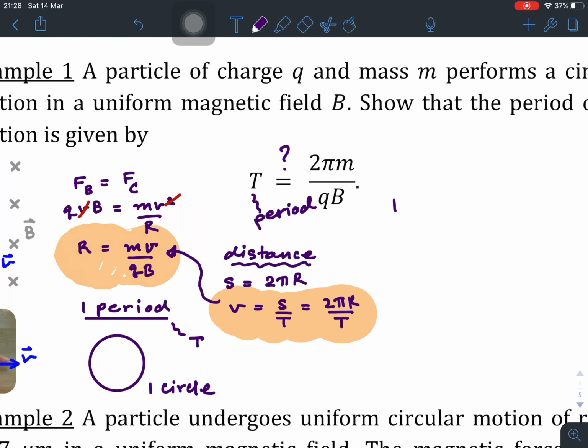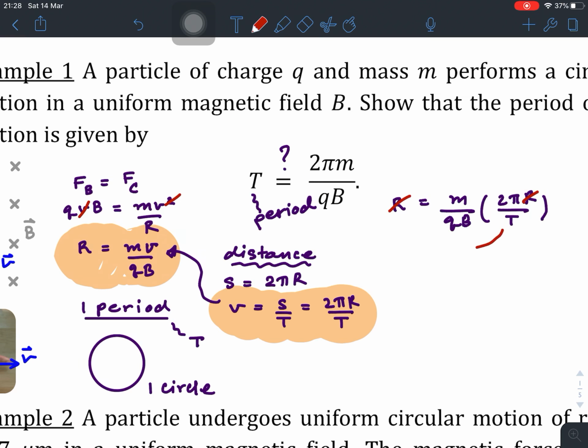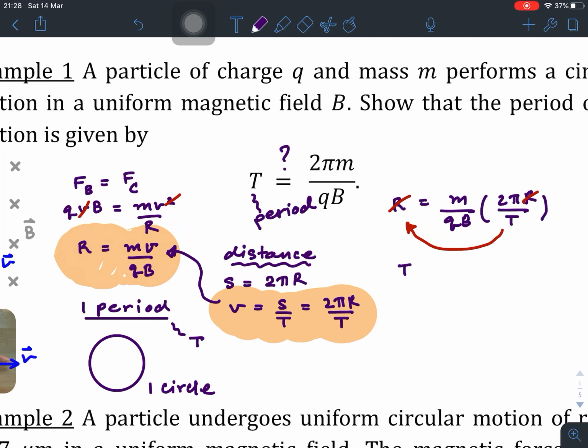So I will have r equals m over qB, times 2 pi r over T. Then I will cancel r with r, and move the period T to the left hand side, and what I get finally is T equals 2 pi m over qB. So that is our conclusion: we have proved that the period T is 2 pi m over qB.